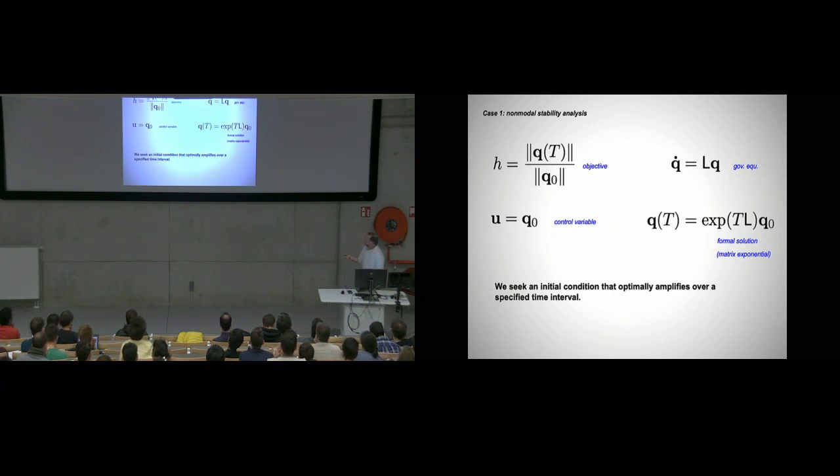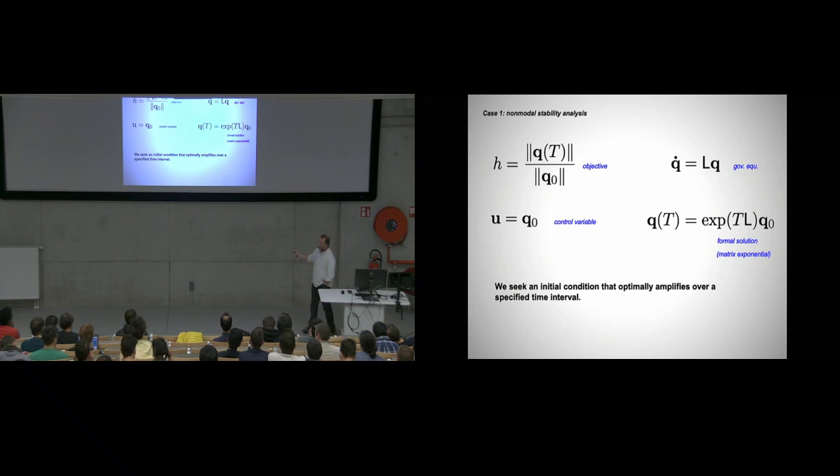Okay? So what we do is we seek an initial condition that optimally amplifies over a specified time interval. That's like a stability analysis, but certainly not in the Lyapunov sense, because we have a finite time interval, and we want to see how bad it can get over that time interval. Okay? If you take that time interval t to infinity, yes, you would recover the Lyapunov stability.